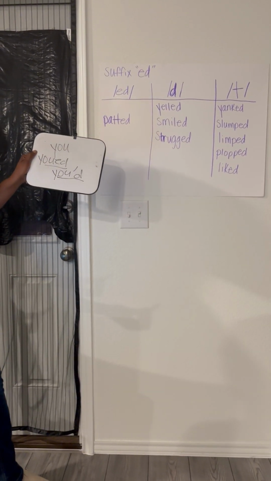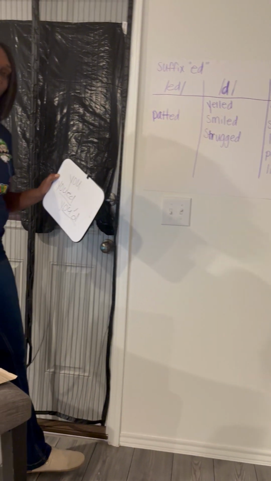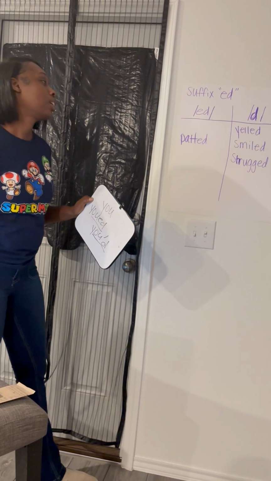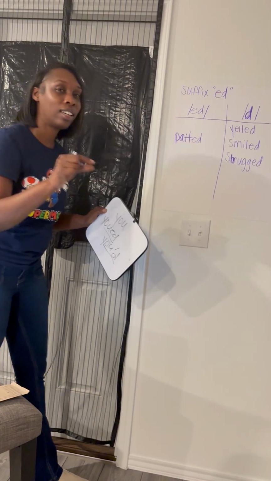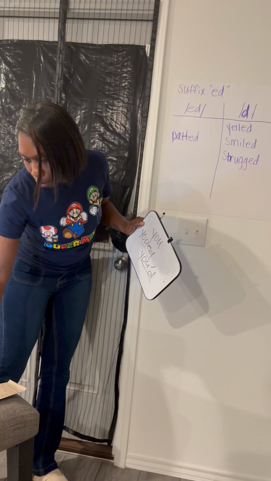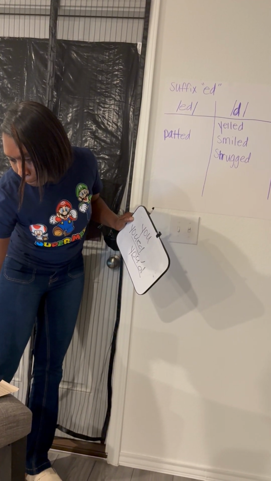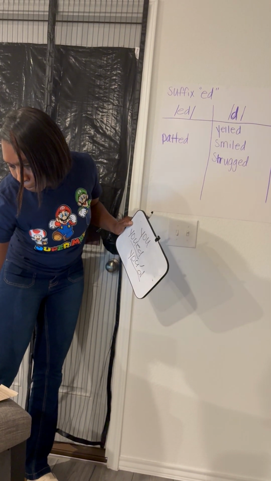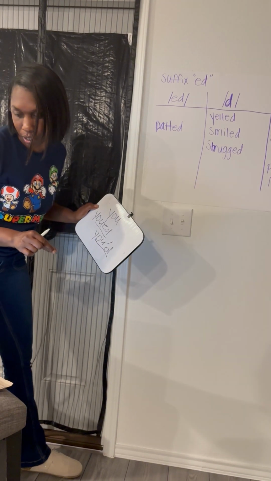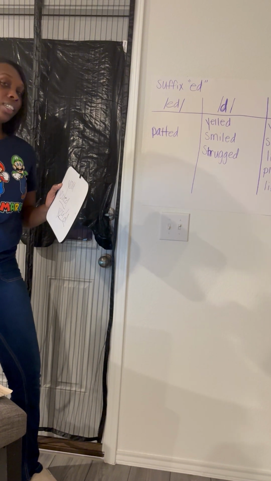Thank you. Let's go back over our suffix ed. It has three different pronunciations. What is one of them? Ed. And when do we use the ed? Do you remember? It's based on the ends of d and t.